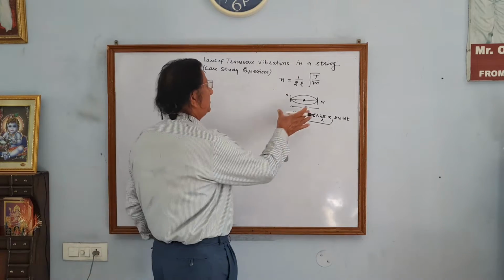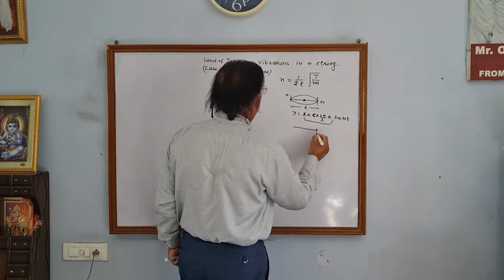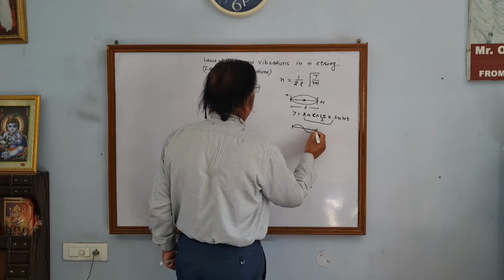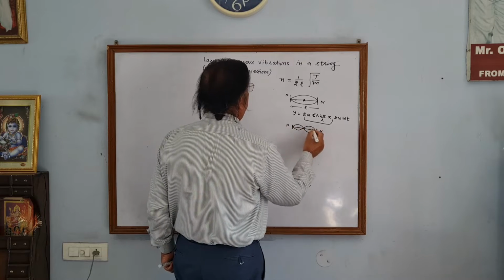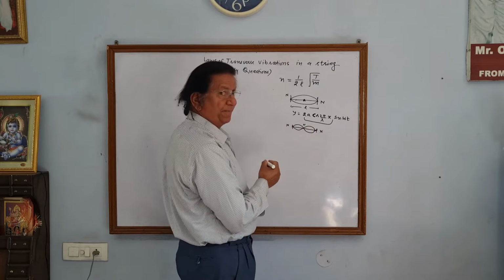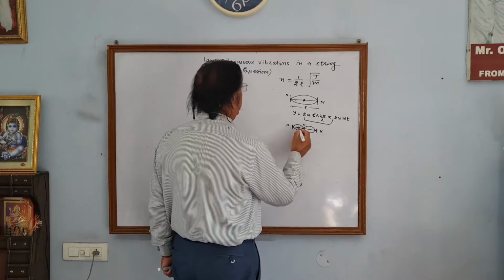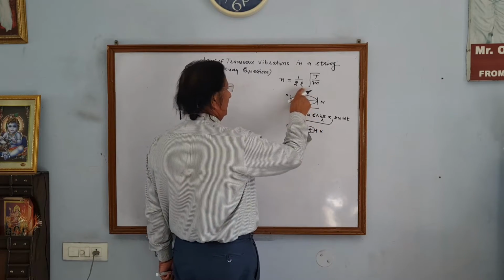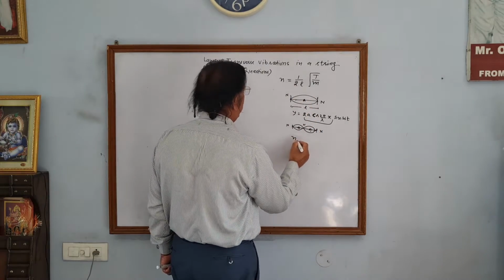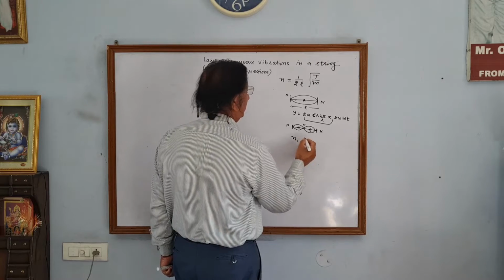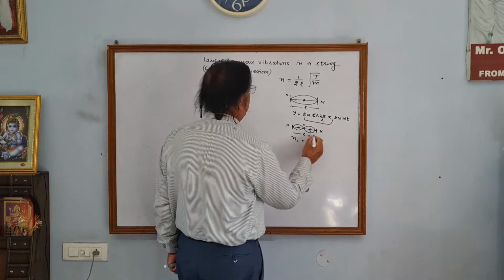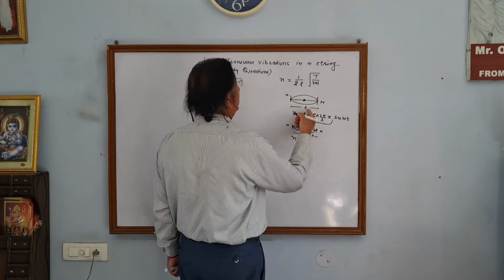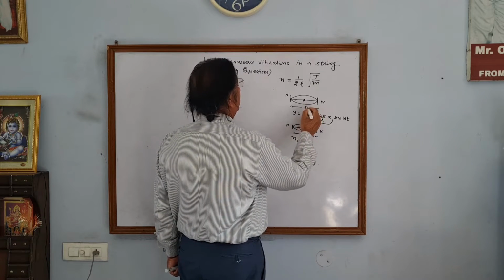And if this string is made to vibrate in 2 segments, then what will happen? Here node, in between another node, then antinode. Length is the same, and here the frequency will be 2 times the fundamental, because this length will be equal to lambda, whereas in the earlier case length was equal to lambda by 2.